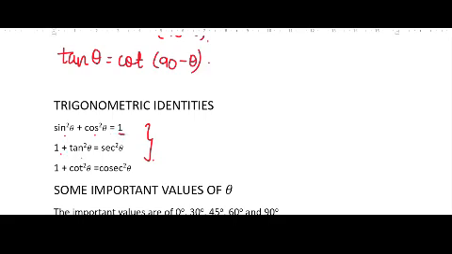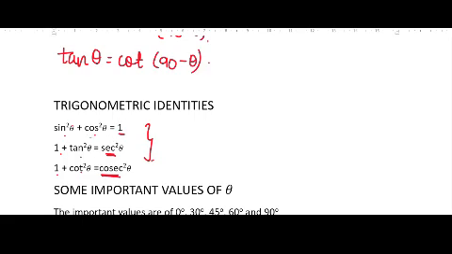And if you have 1 plus tan square theta, you can write it as sec square theta. And if you have 1 plus cot square theta, you can write it as cosec square theta. They're extremely easy. There are just three identities that you have to learn by heart. They're extremely useful when you're doing prove that and show that. So if you want to be able to solve those in a jiffy, do remember these.